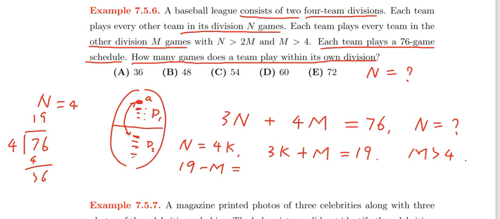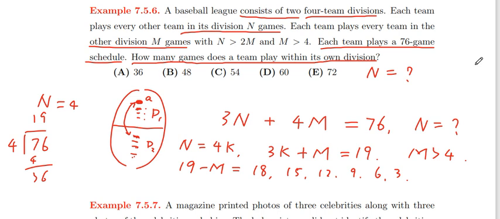So 3k could be 18, 15, 12, 9, 6, 3. Let's find m.